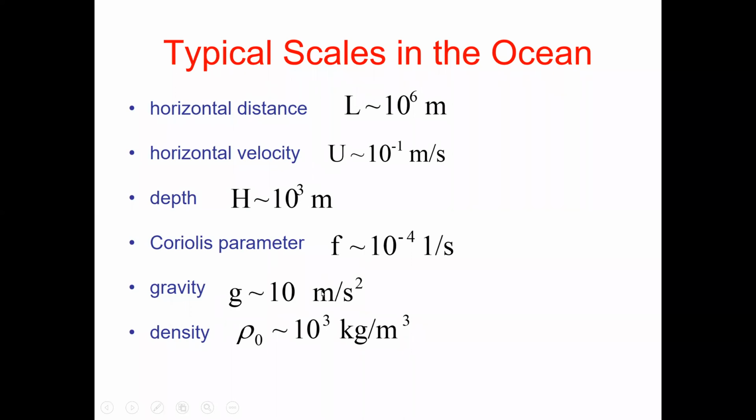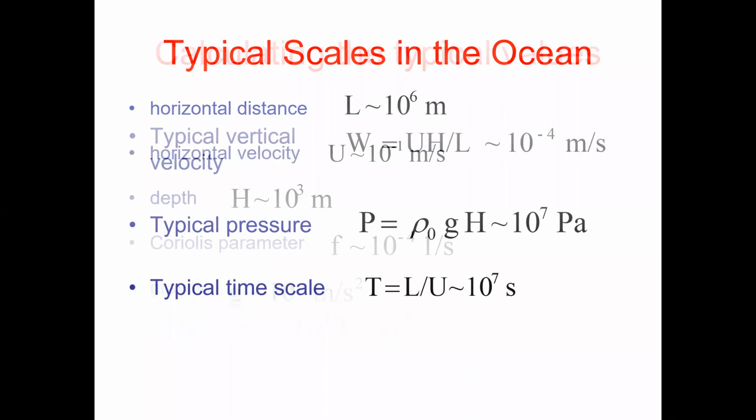The gravity is 10, and the density of the water is basically 1 ton per meter cube, so 1,000 kilograms per meter cube. These are the characteristics that I would like to take into consideration.